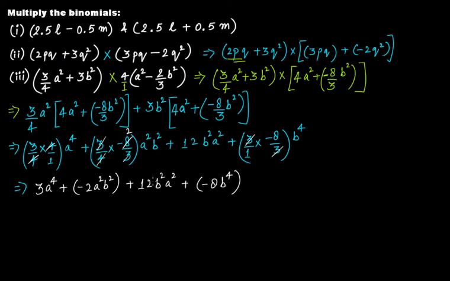Now this 12b squared a squared can be written as 12 a squared b squared. How? Commutative property of multiplication that we discussed earlier.